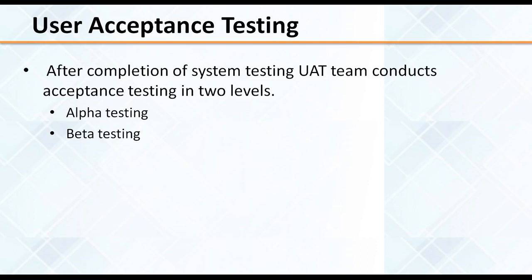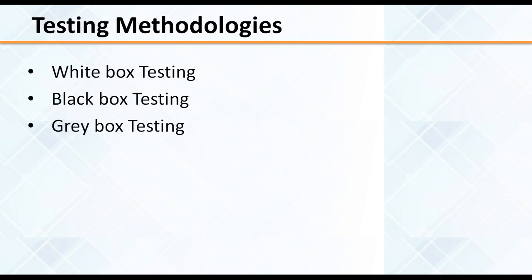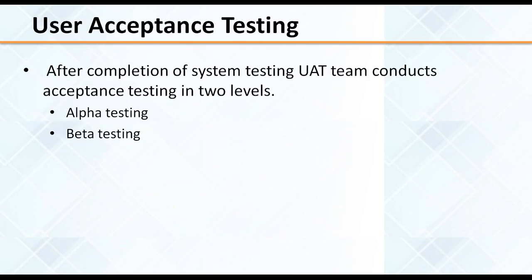Basically, alpha testing and beta testing are usually conducted by the customers or users in their environment. There is a small difference. In alpha testing, we test the application with some dummy data in their environment, and in beta testing, we test that application with real-time data.